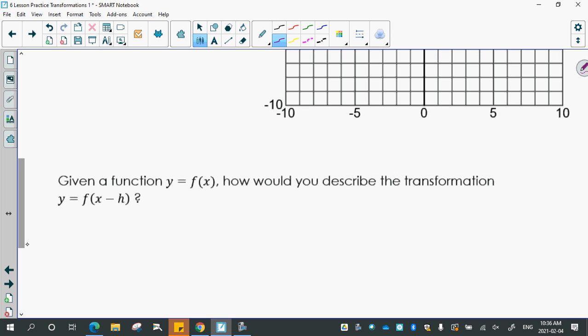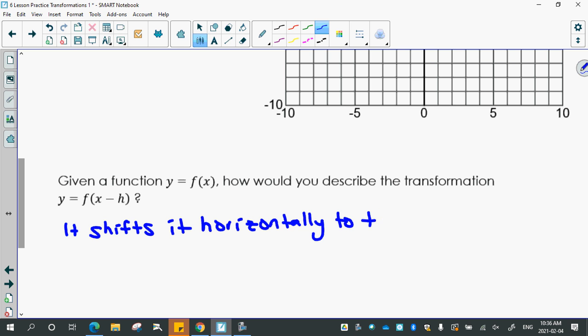Okay, so it shifts it horizontally to the left or the right.